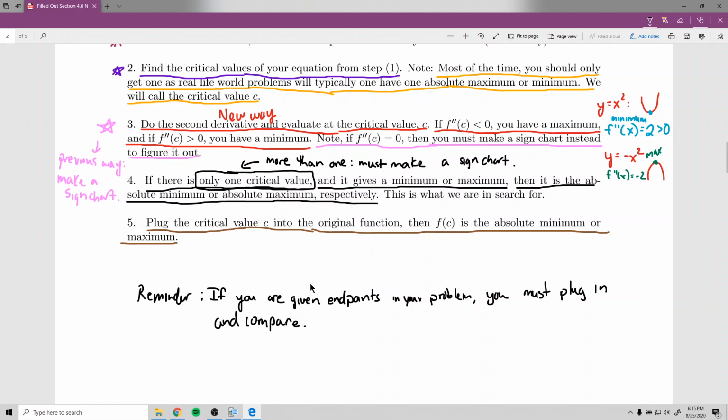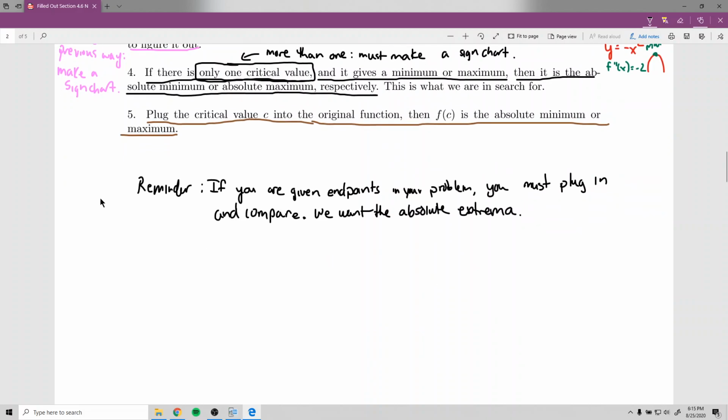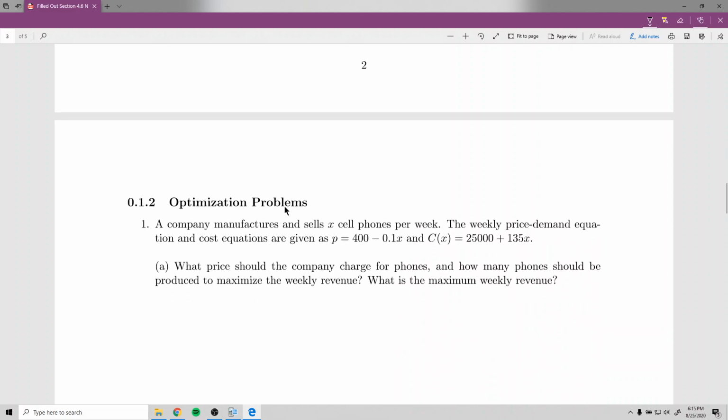All right, so remember last section when we were finding the absolute maximum minimums, if we had a closed interval, which means we had brackets, we searched for the critical values and plugged those in, but we also had to plug in the endpoints. So that's not something that goes away because we want the absolute extrema. All right, so that's just a reminder here. But let's go ahead and actually look at a couple problems.